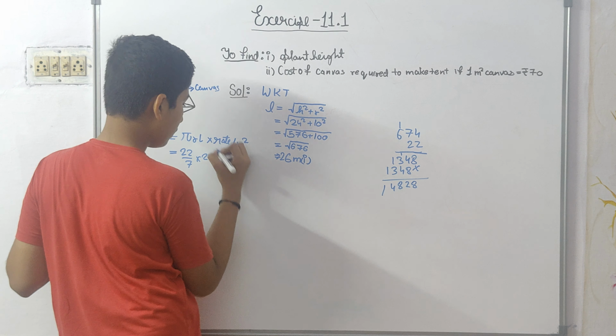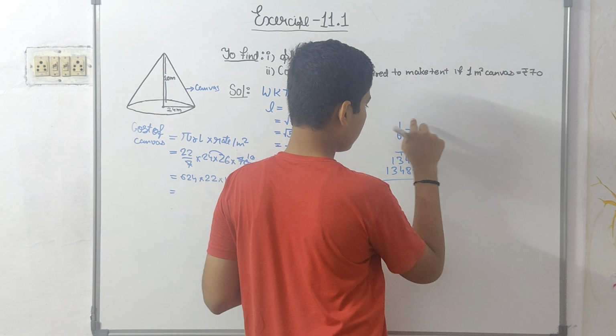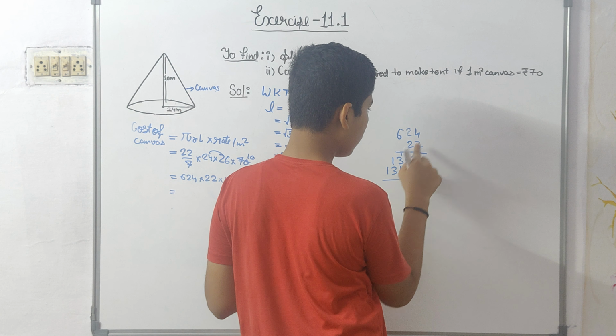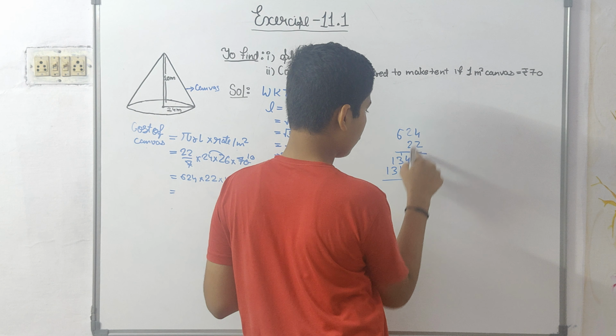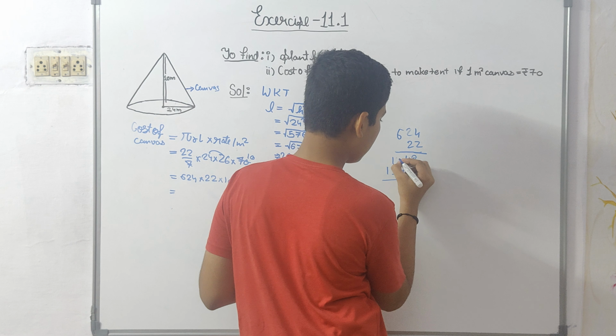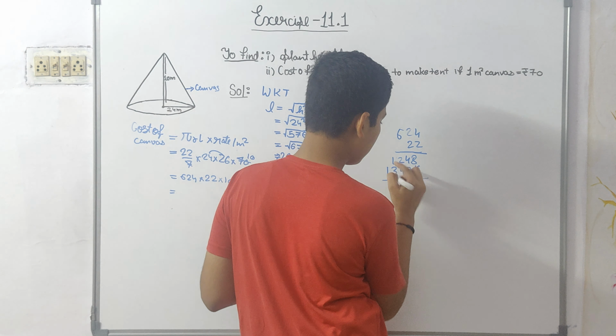Let me check by multiplying. 2 fours are 8, 2 sixes are 12. So the cost will be 137 rupees.